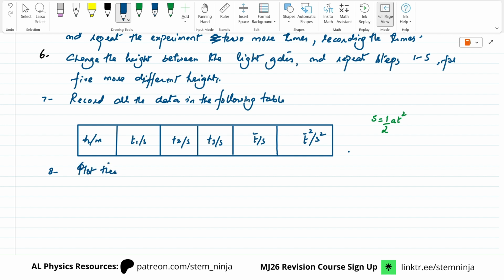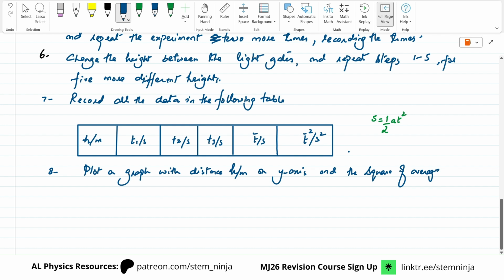Plot a graph with distance h on the y-axis and the square of average time, t bar squared per second squared, on the x-axis.